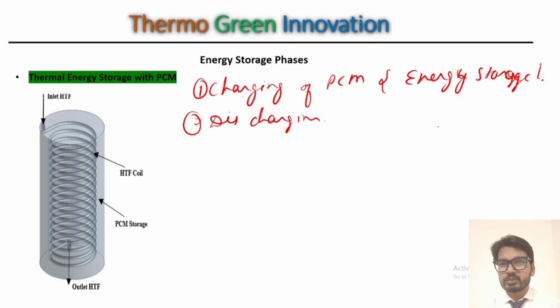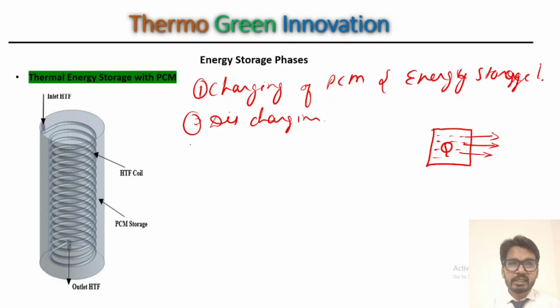Once the PCM is charged, we have to remove the energy. So if this is a thermal energy storage, the Q amount of heat is stored, and we have to extract the heat for some application. That will be the discharging cycle, and the curve of the discharging cycle goes like this. It will start with the highest temperature in the system, T initial.